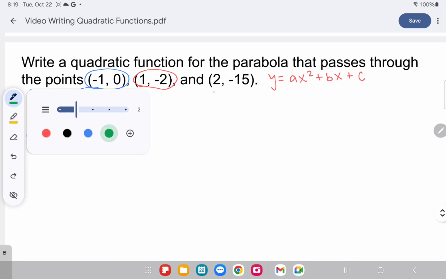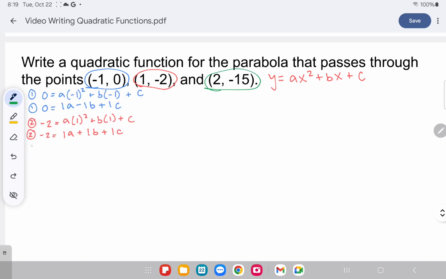And then for my third equation, I'm going to use this third point. So negative 15 equals a times 2 squared plus b times 2 plus c, or again rewriting that, I have 4a plus 2b plus c.